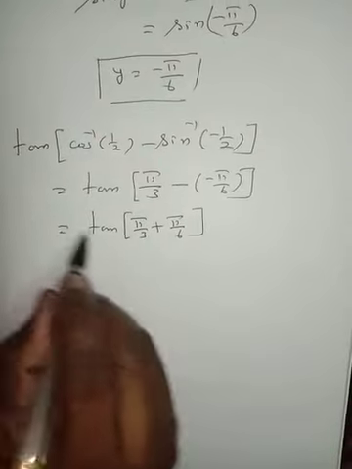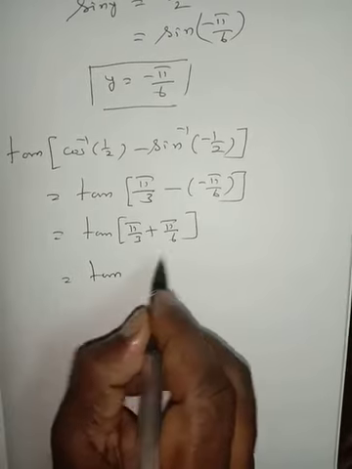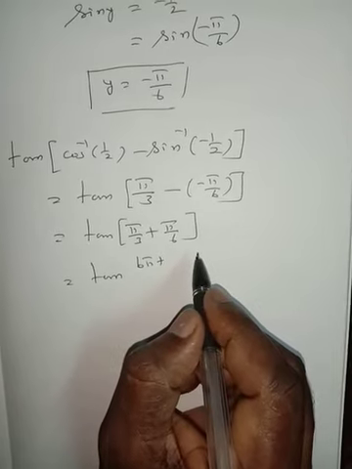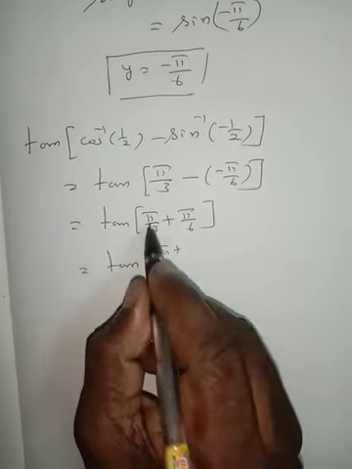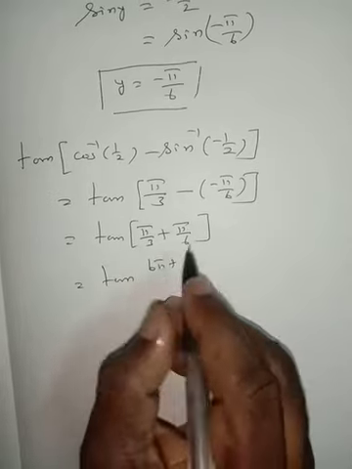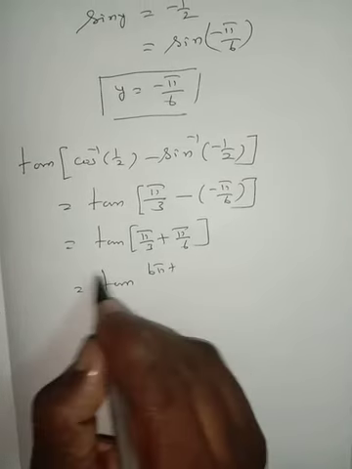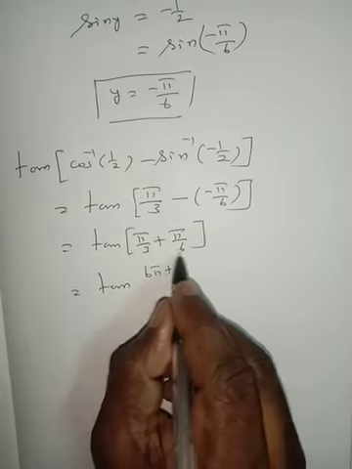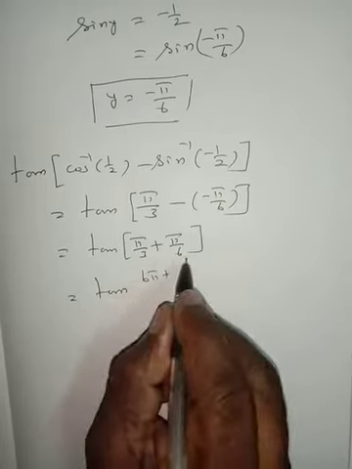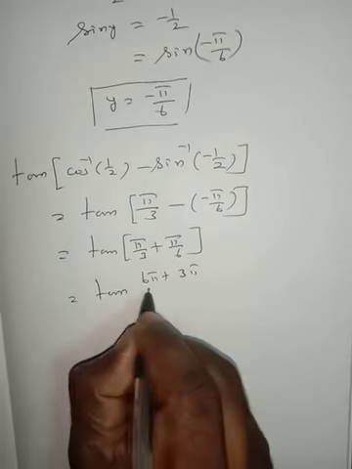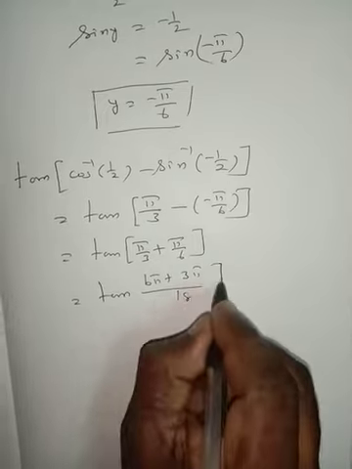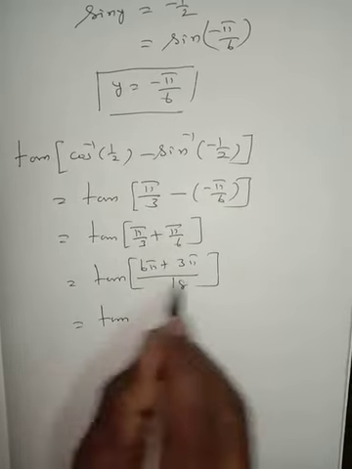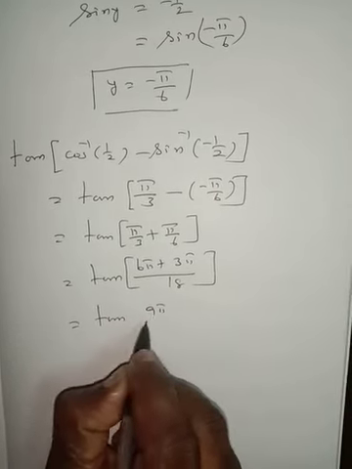Now taking LCM, multiply numerator and denominator by 2, we get 2 pi plus 3 pi divided by 6 pi, that is, tan of 9 pi divided by 18.